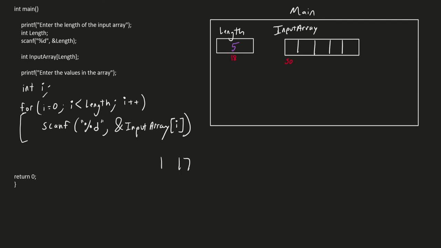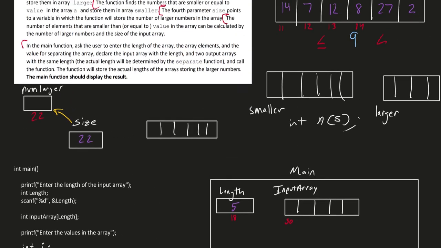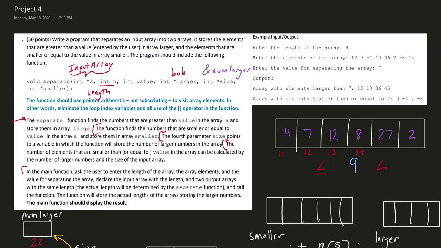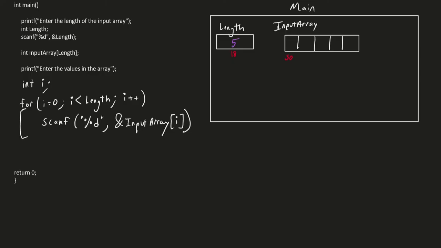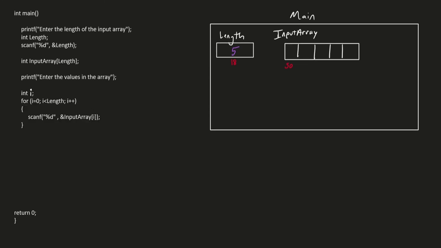Or they could just enter them all as a space-separated list. And each time we run that scanf, we're grabbing one of the numbers. And actually, I think that is what the project is expecting. It seems like they want the user to enter it as a list. Alright, so I'll type that up. Alright, so now I should have some numbers in here. So let's just give it some test numbers.